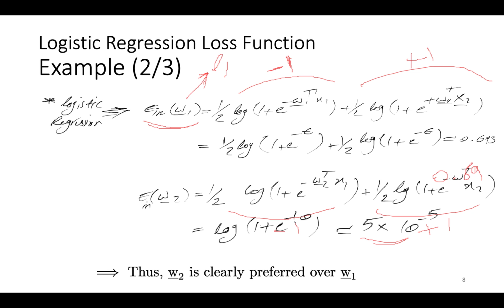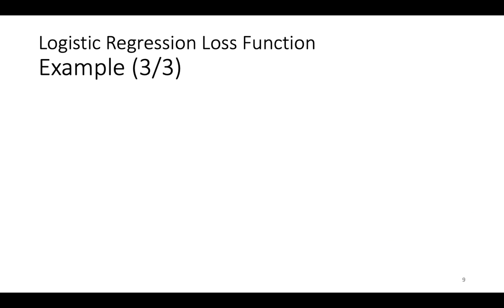Okay, so what if we consider another W2 with a new different set of weights? Now instead of 1, what if we had W2 as 0, 0, and 100 here? What would have happened?